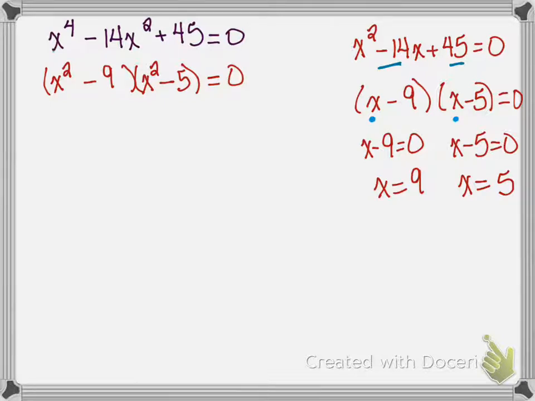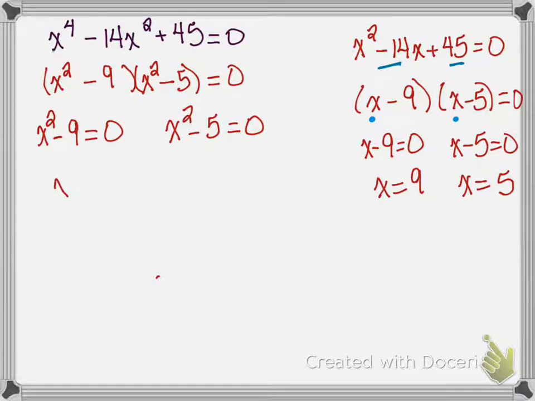Now, we're going to do the same thing here, but instead of x minus 9 equal to 0, we are going to have x squared minus 9 equal to 0, and x squared minus 5 equal to 0. I'm going to go ahead and solve for x squared, even if I'm not quite sure what to do after that.